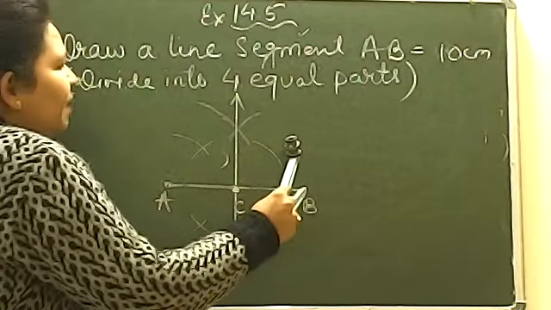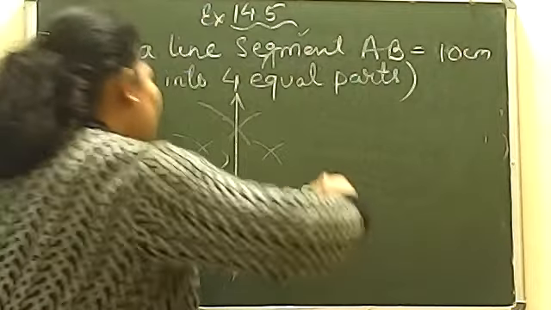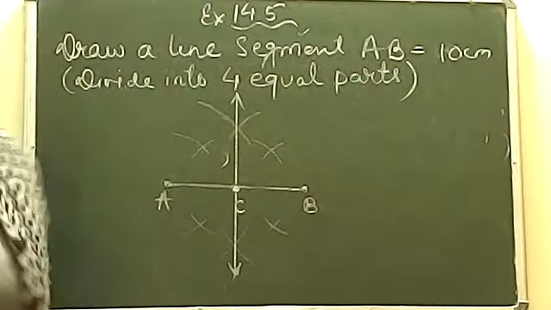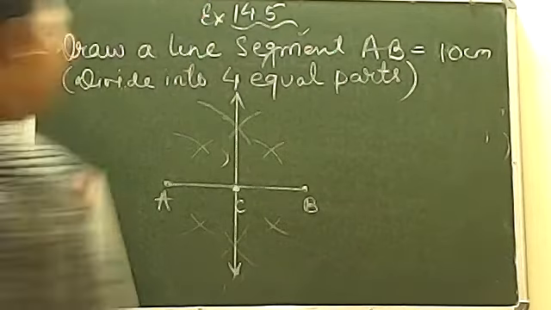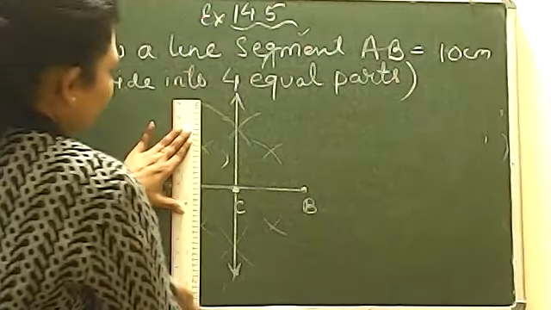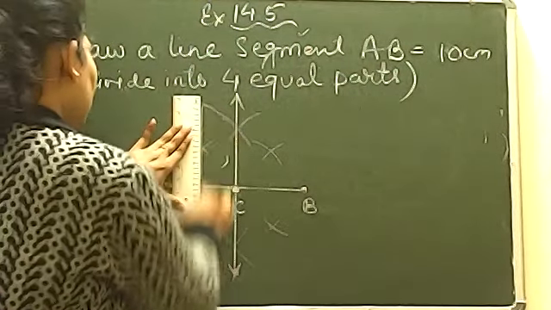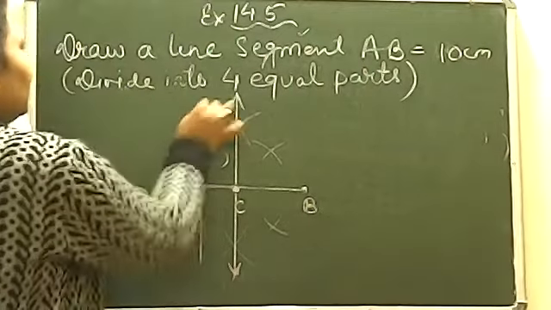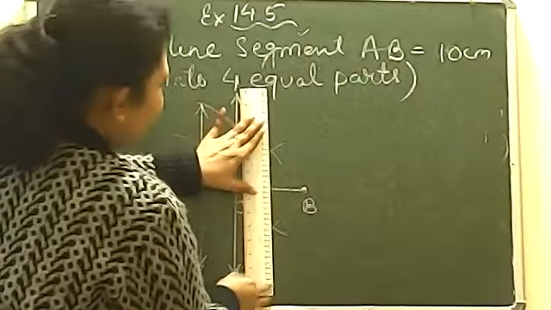Same thing from B, up and down. Finished from my end. Now I'm going to join it. This is 1, and now this side as well.